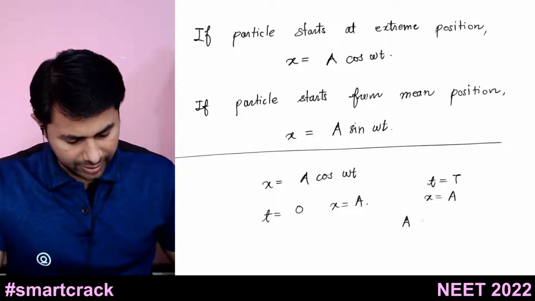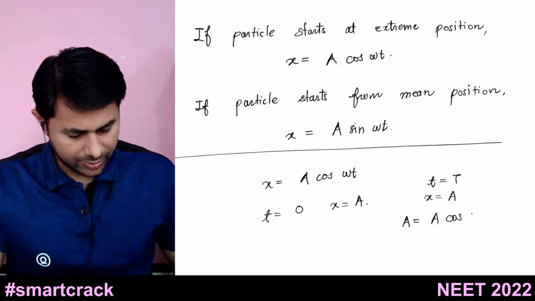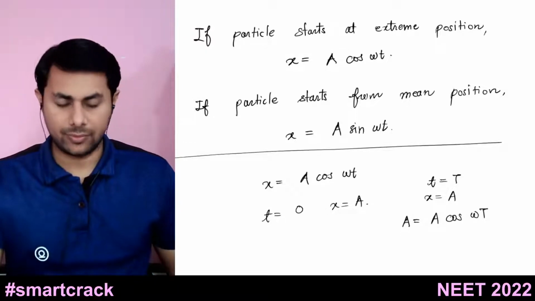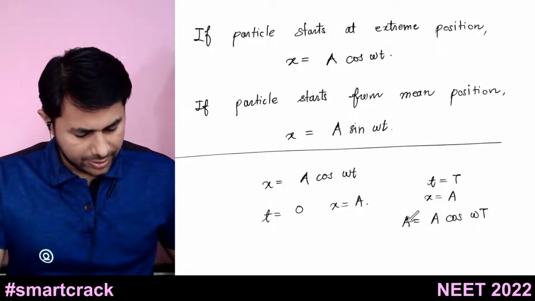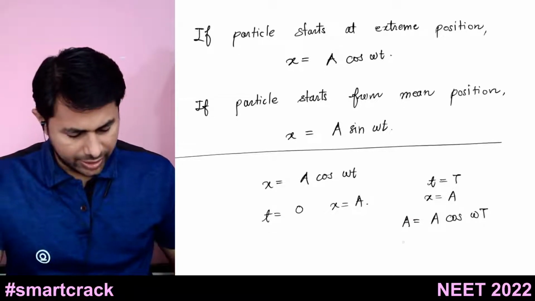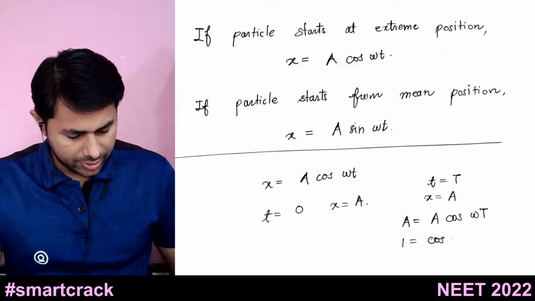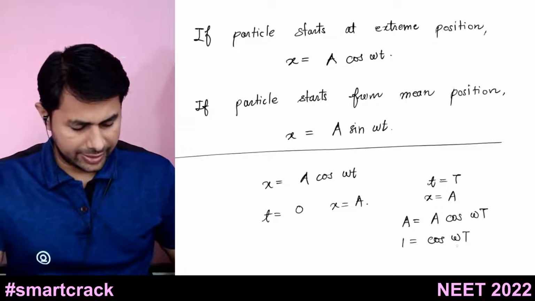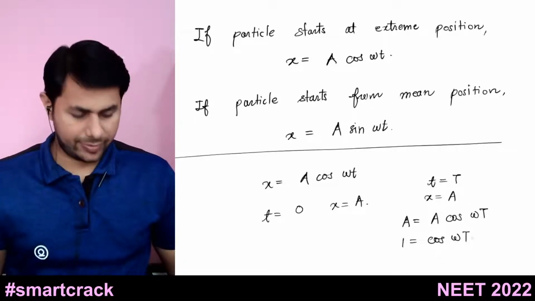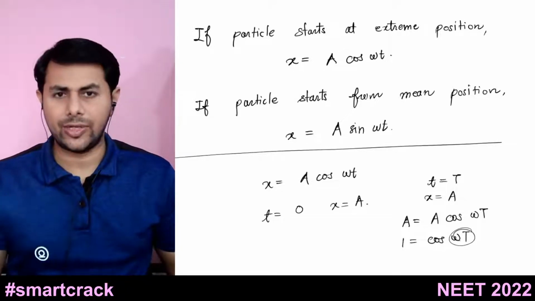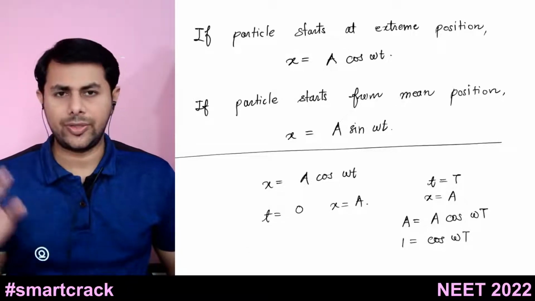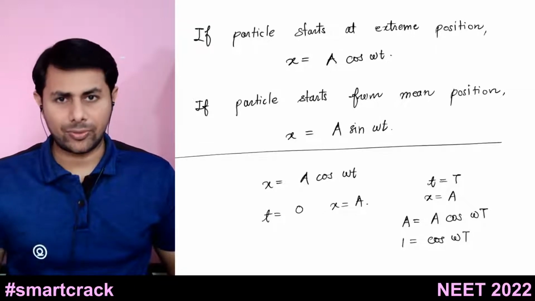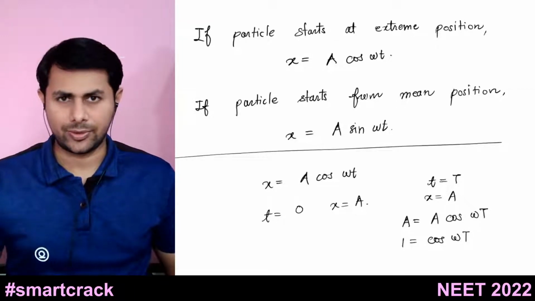You get A equals A into cos of omega T. Then you can cancel out this A, so you get 1 equals cos of omega T. That means for what angle is its cos equal to 1? So omega T must be equal to what? It should be 0 or 2 pi or 4 pi, and so on and so forth.